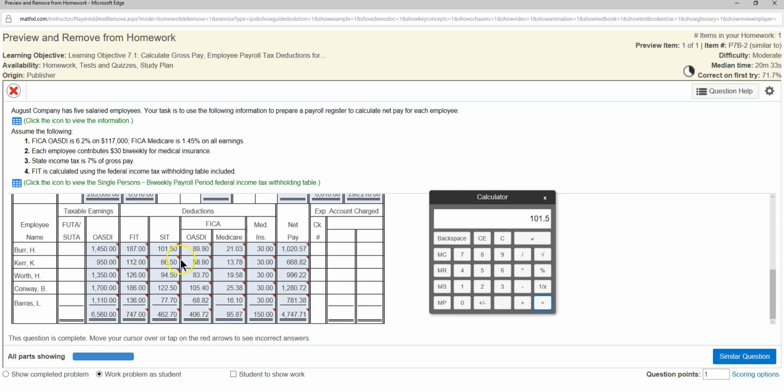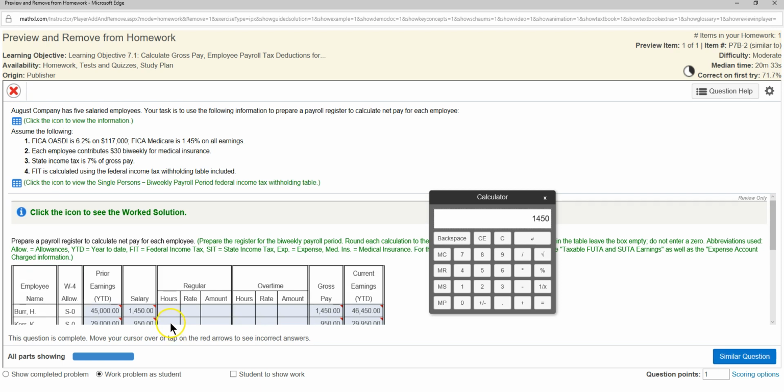This is all programmed into the computer systems that calculate the payroll and prepare the payroll register. So you can see the 101.50, which I took 7% out of the 14.50. I'll come back in a separate video to show you how we get the federal income tax numbers.